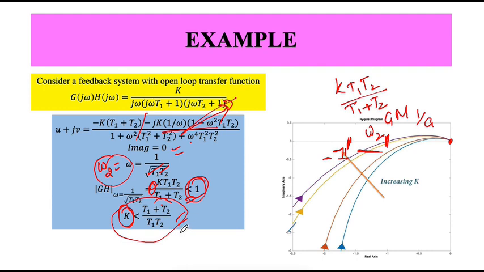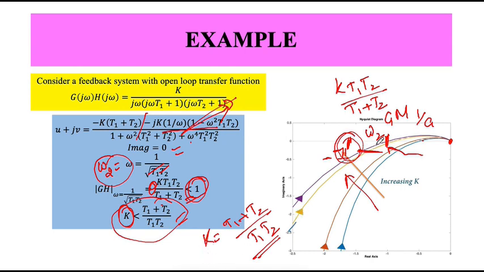Okay, just to see some plots here, this is the same transfer function with t1 equal to 1, and I keep on increasing my gain. At some point here I reach minus 1. This point I can now exactly compute. If I write down k equals t1 plus t2 by t1 t2, at the gain k equals 2, I just reach this point.